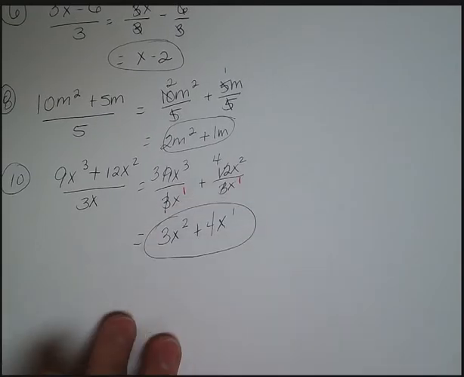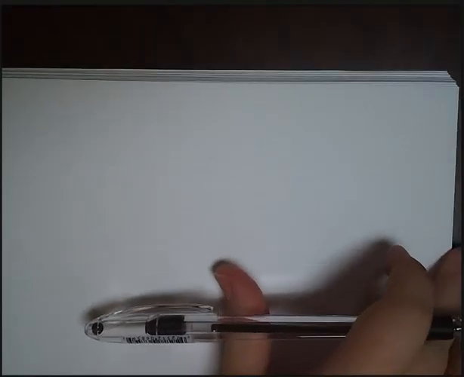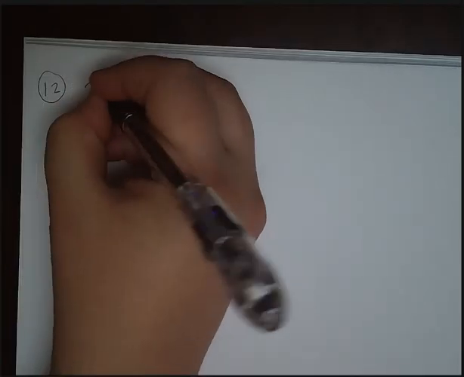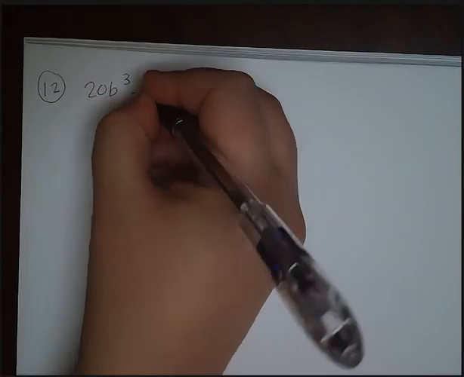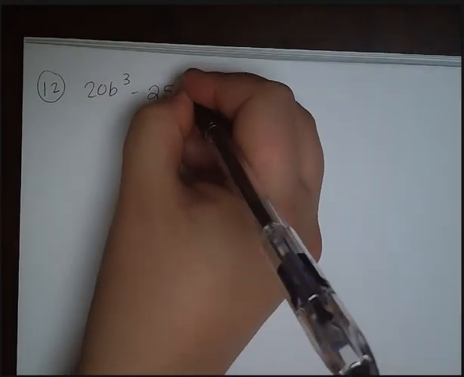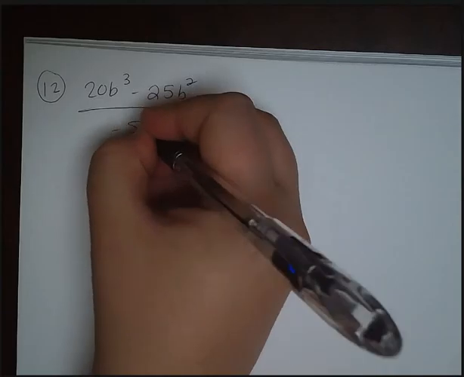Okay, now let's look at problem number 12. Number 12 is a little tricky because of all of the negatives you've got going on, okay? So we have 20b to the third minus 25b squared all over negative 5b.